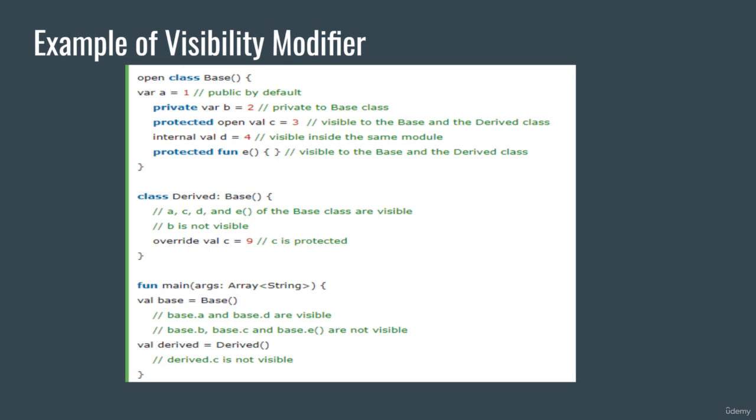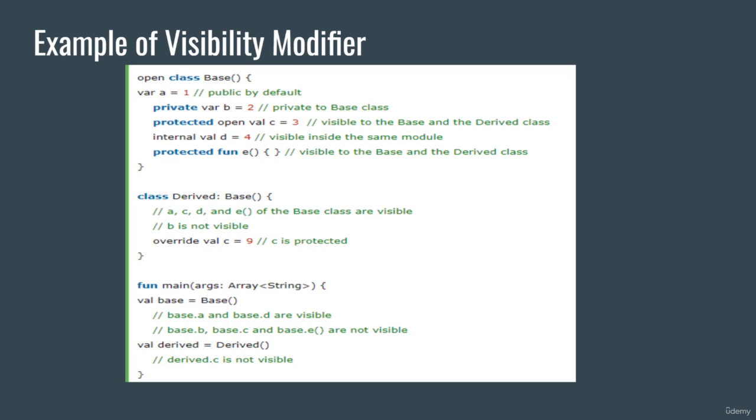Then we have this protected variable C, and we make it open. So this one is visible to the base and the derived class, which means that the derived class, in this case it's called derived, but this is the case for all classes that are deriving, it's visible there and it's usable there.